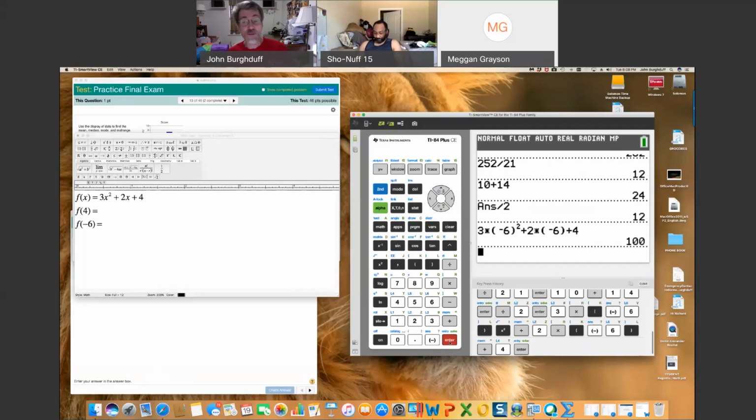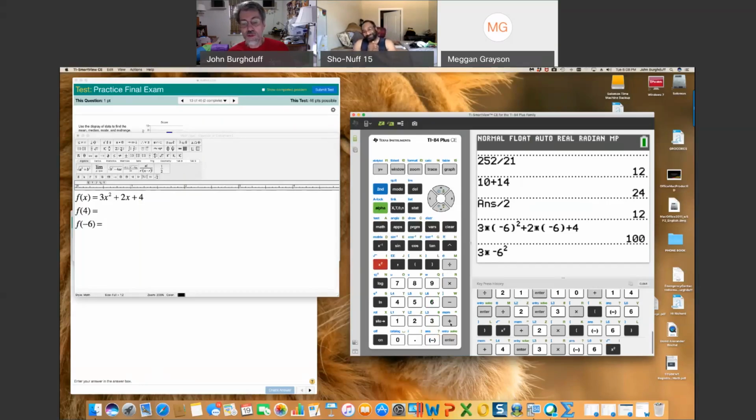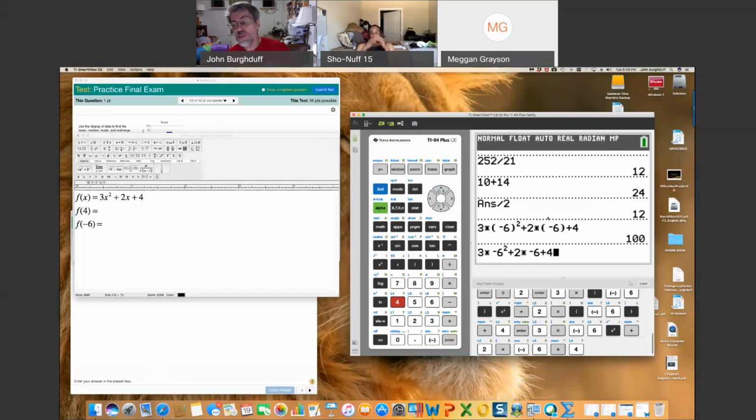Here's what would happen if you don't have the parentheses. I'll show you what it's doing and why it's doing it. If you had just said 3 times negative 6 squared plus 2 times negative 6 plus 4, which is literally how it looks without parentheses, your calculator is going with order of operations, which means it thinks you want to do this exponent first before the minus sign.